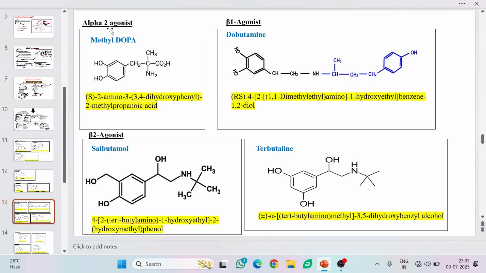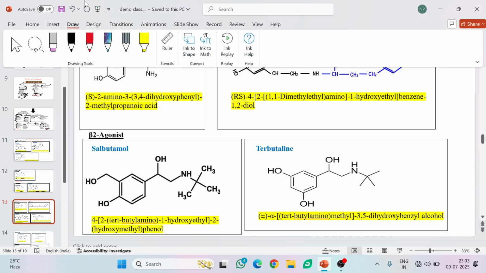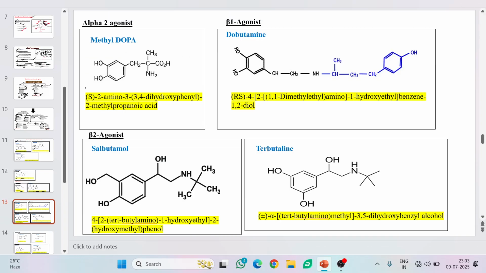Now again, alpha 2 agonist, methyl dopa. Firstly see the basic structure of methyl dopa. It contains an additional methyl group and dihydroxy groups with this ring.